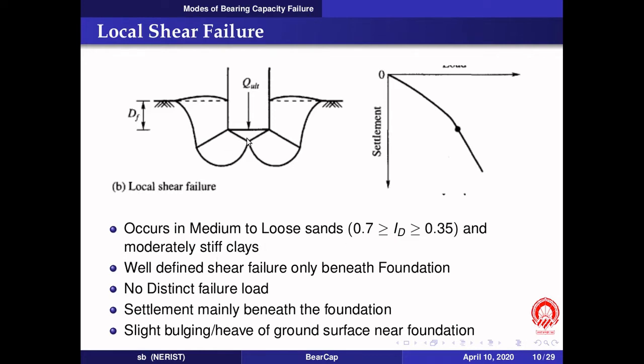And like general shear failure, we have well-defined failure surfaces below the foundation, and it extends up to the ground level, but the lateral extent, the lateral distance up to which the failure plane goes, is less in this case than the general shear failure case.